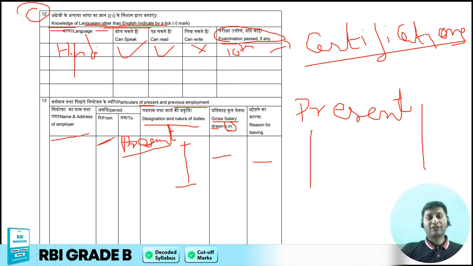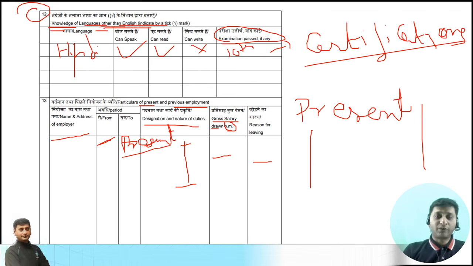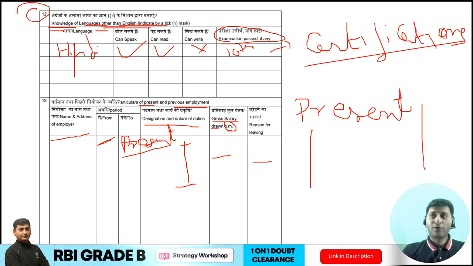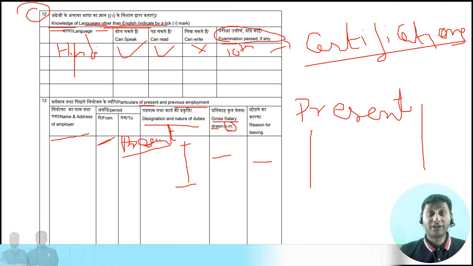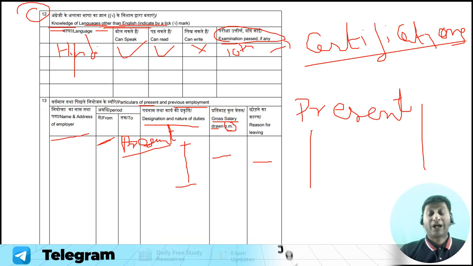Now this column actually irritates many. So this has to be filled with a little bit of honesty and smart work, I would say. Honesty means that you obviously would like to give the actual reason. Maybe say you left your job because you wanted better career prospects, you wanted to go for further studies, or you had some medical problems.